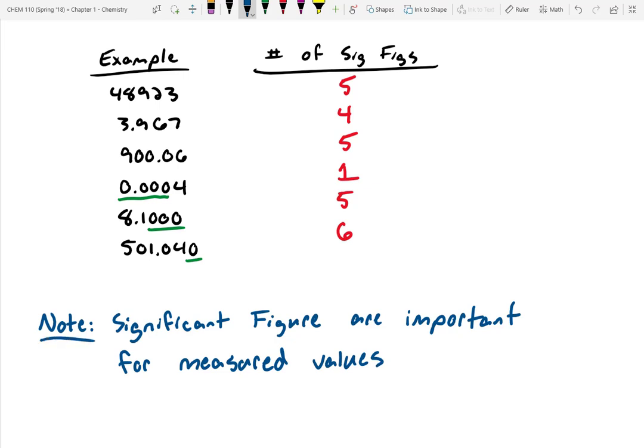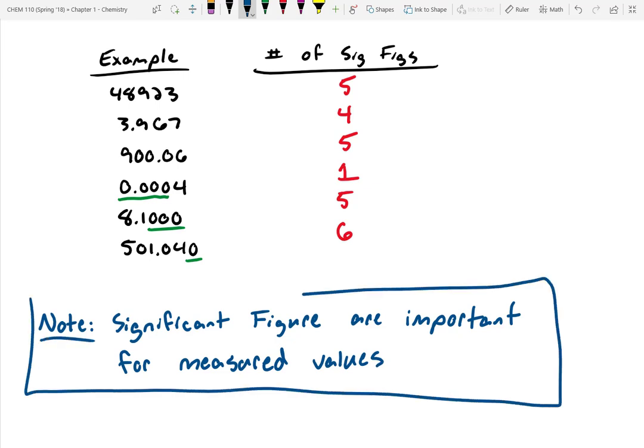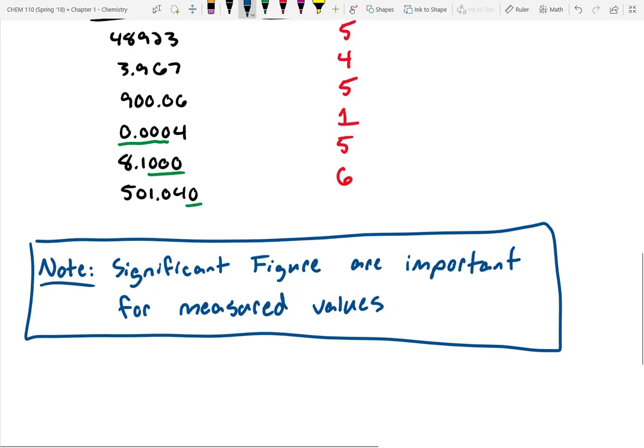And like I said, we saw yesterday with measured values, it gives you a rough idea of your certainty with your measurement. So the number of significant figures you include is hugely important because it relays that certainty aspect. All right, there's a bunch of rules for doing math anytime you're doing math with measured values, so we got to jump into that next.